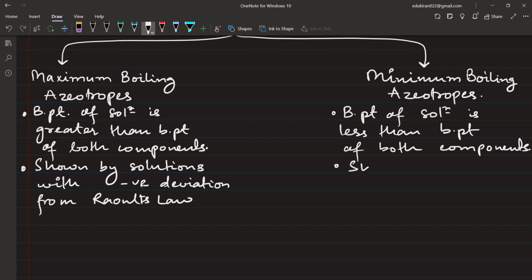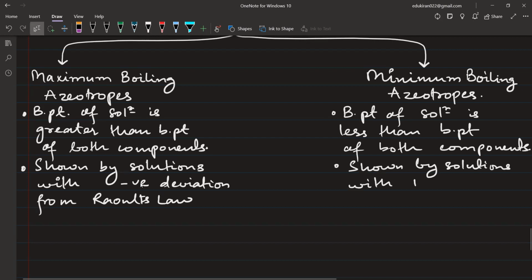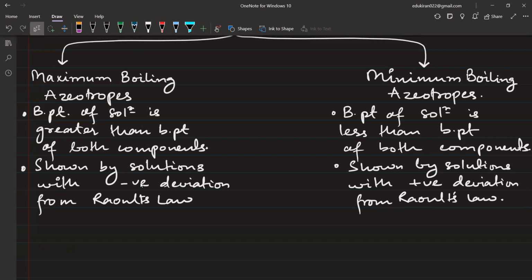And this is shown by solutions with positive deviation from Raoult's law. ठीक है, समझ में आ गया सबको? Yes or no, please tell me.